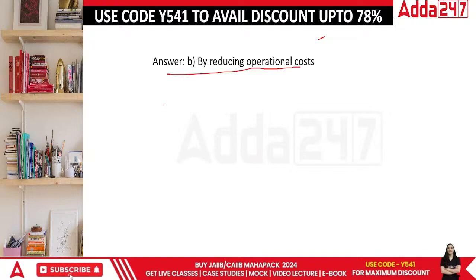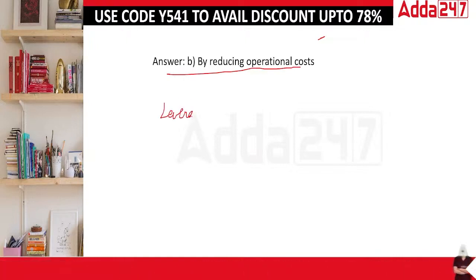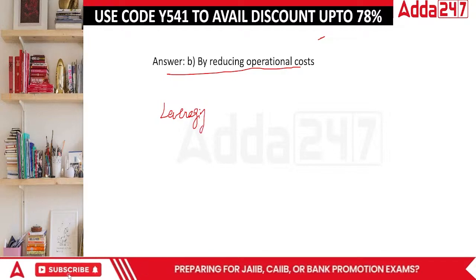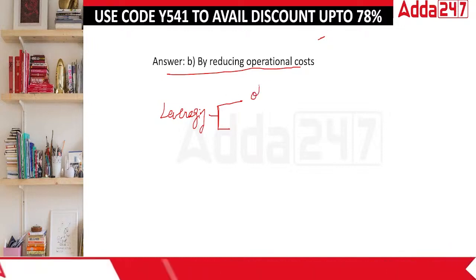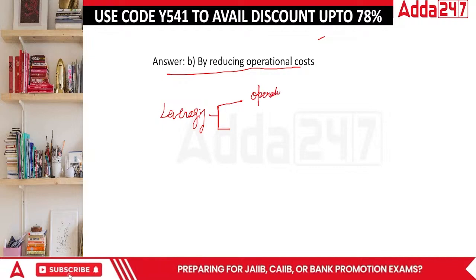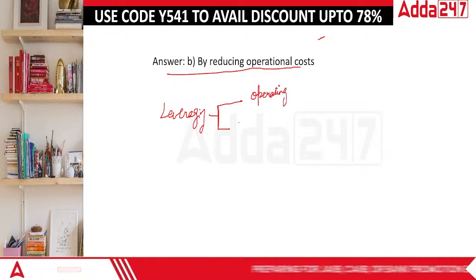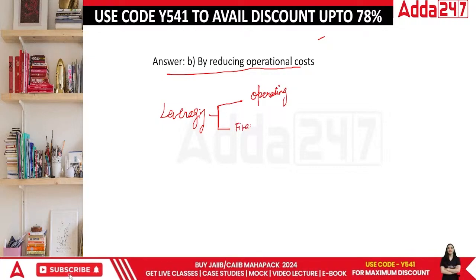See, there actually leveraging is of two types. When you are trying to lever your business, then how can you increase the business? Leveraging can be actually of two types. Number one, operating leverage, when you're trying to run your business, and financing leverage.